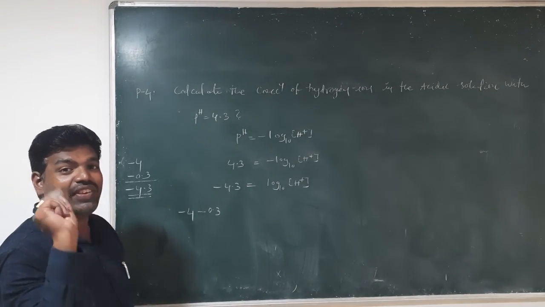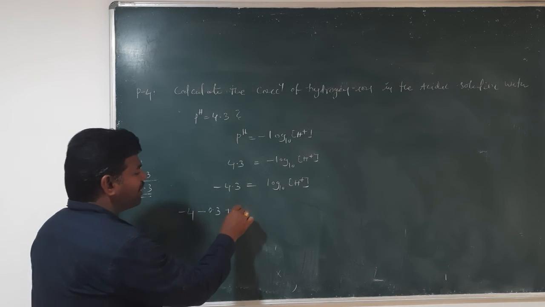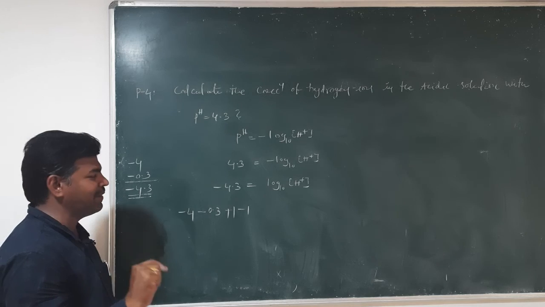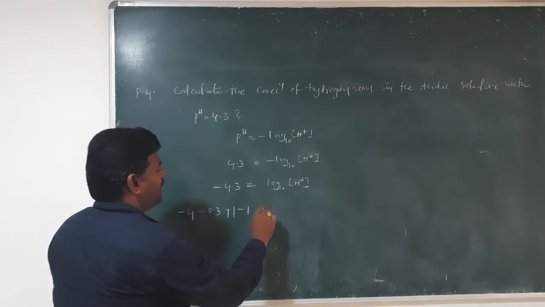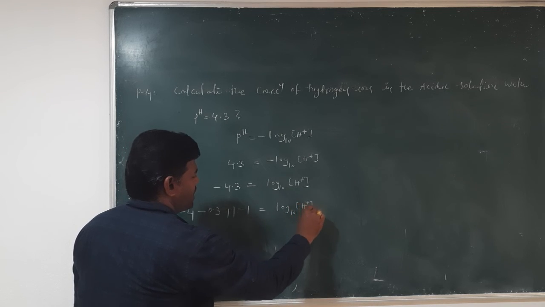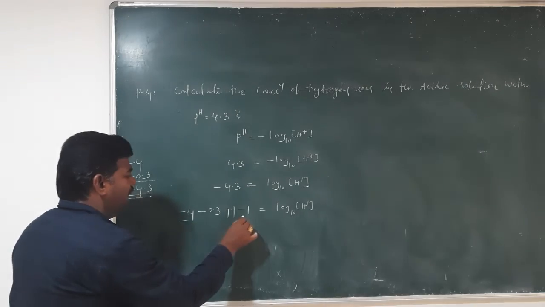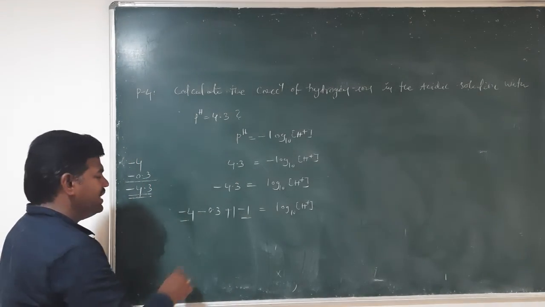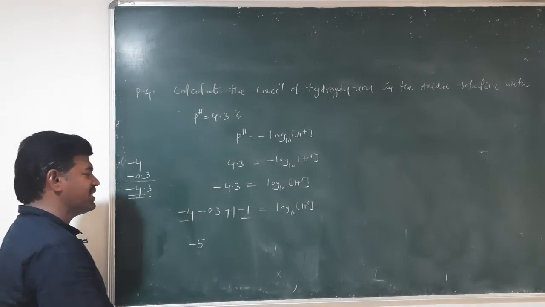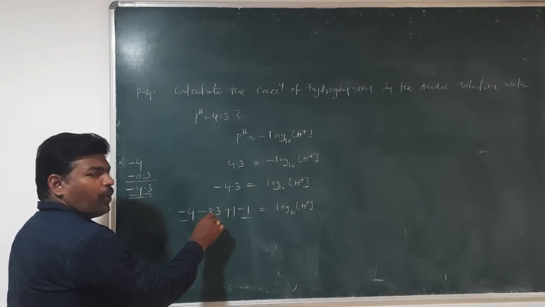For the sake of convenience, I add plus 1 and subtract 1, with log of the concentration of H plus ions. So we can write minus 4 and minus 1, which can be written as minus 5, and plus 1 minus 0.3.